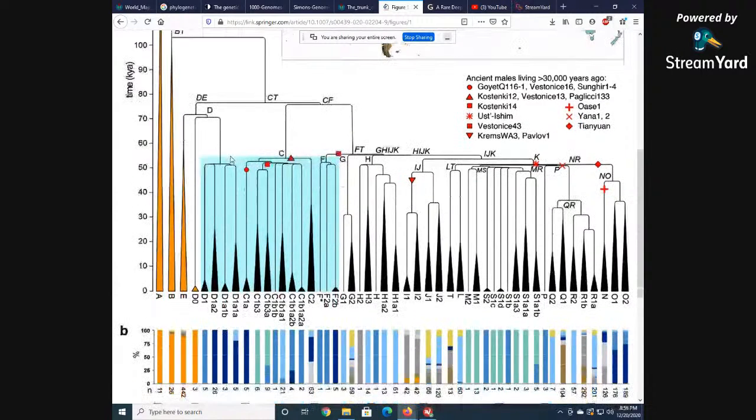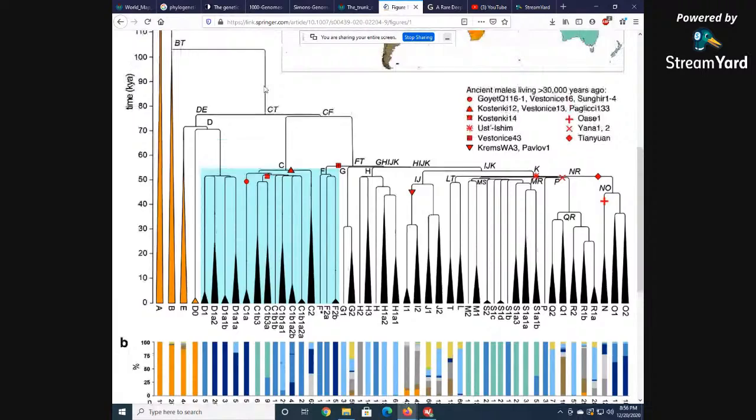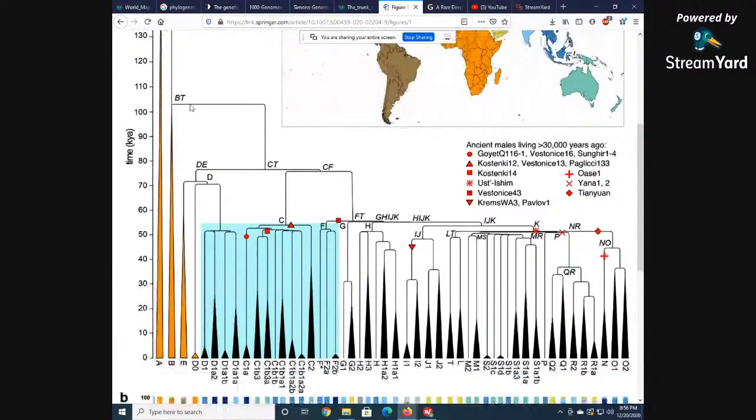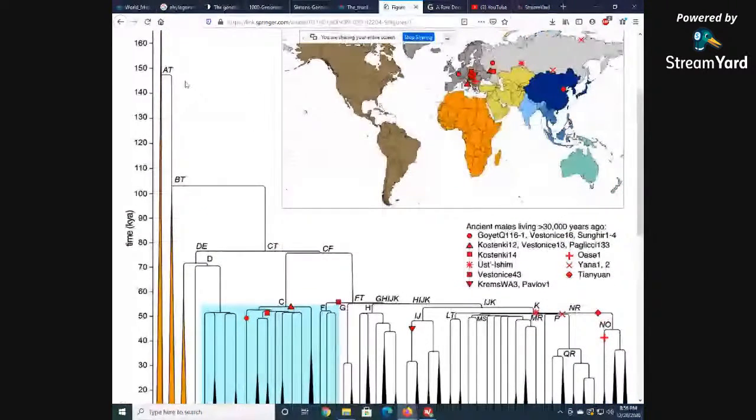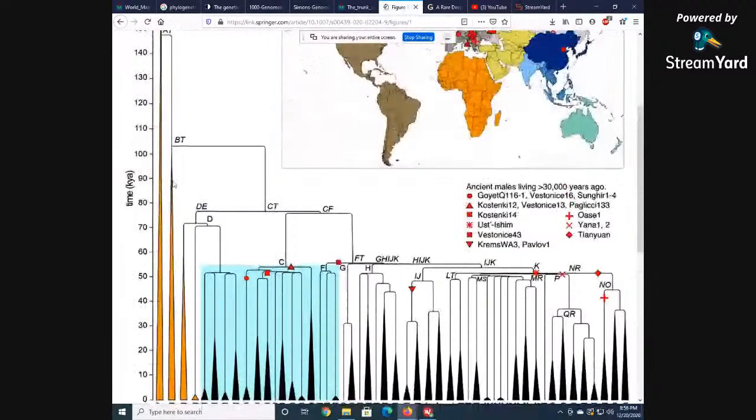But notice how they have the D and the E coming from the C, T. Actually in this one it's coming from the B, because this is the B here. So actually they're having the D coming from the B and the C branching off here.